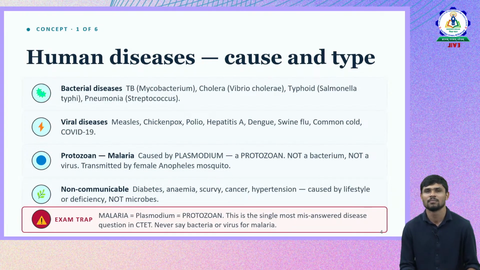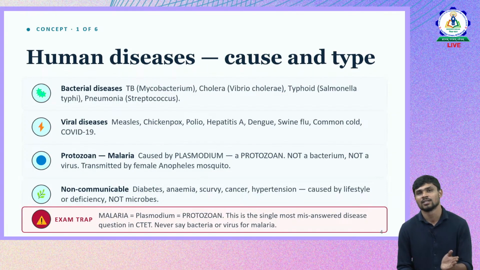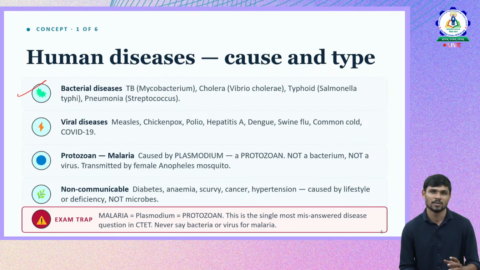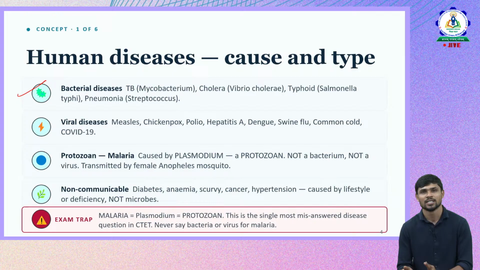Mostly we have to remember the names of microorganisms and the diseases that they cause. Much concept explanation won't be there. I'll just tell you the microorganisms and the diseases they cause, and also we'll discuss different carriers and what they carry, and which are the communicable diseases and which are non-communicable diseases.